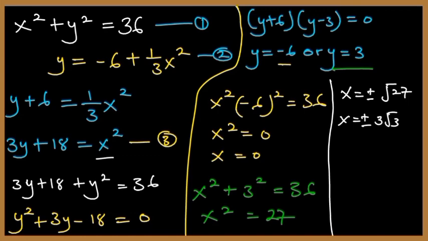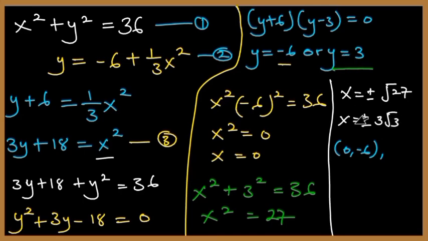So now let's look at our set of x and y values. When y is negative 6, x becomes 0. So our first set for the equation will be 0, negative 6 for one of the sets of the solution. And the second one too, when x is 3 root 3, our y is 3.